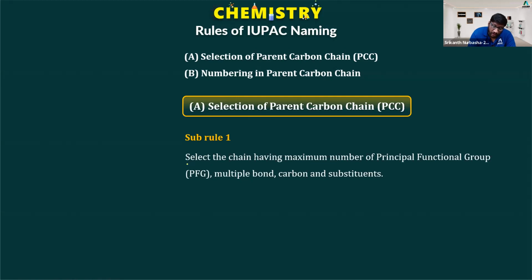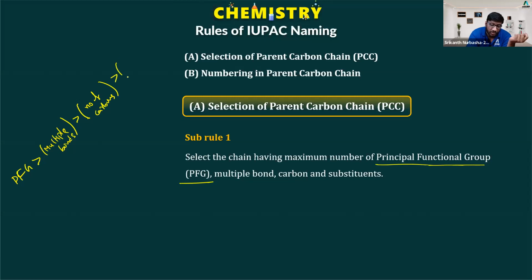Understand this point carefully. We have to select the chain in such a way that we have the maximum number of principal functional groups. That is given the highest priority, then maximum number of multiple bonds, and then the number of carbon atoms. If all these are the same, then you look at the maximum number of substituents.